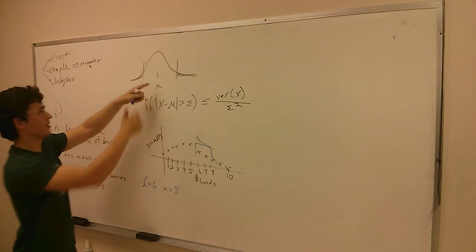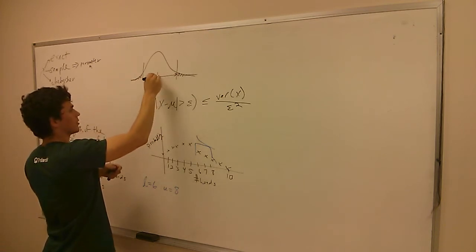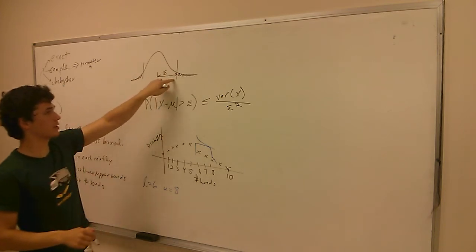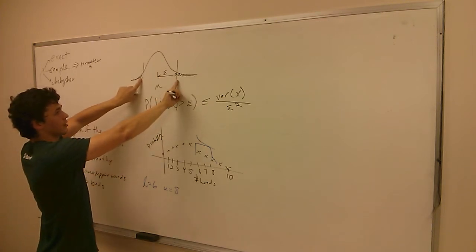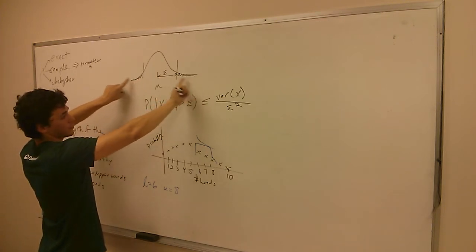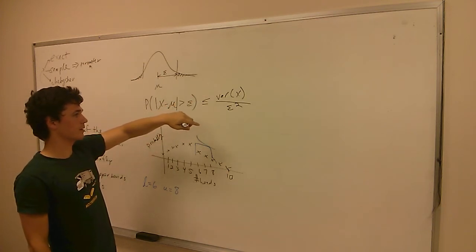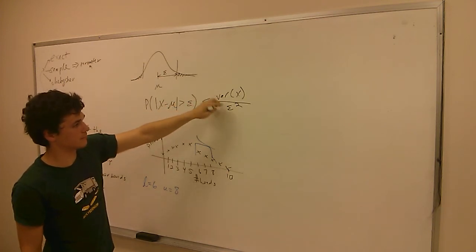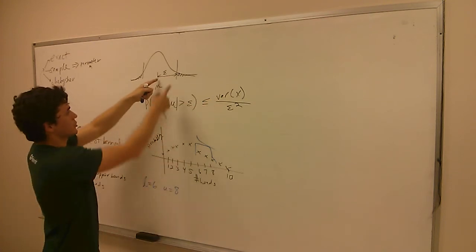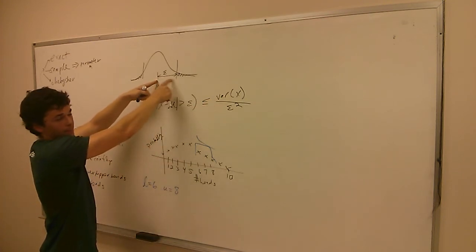So this is epsilon here. The probability you're in this region of the distribution is at most inversely proportional to the square of this distance from the mean.